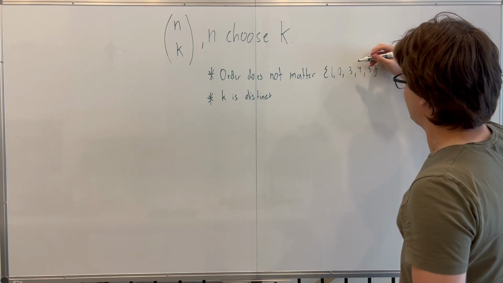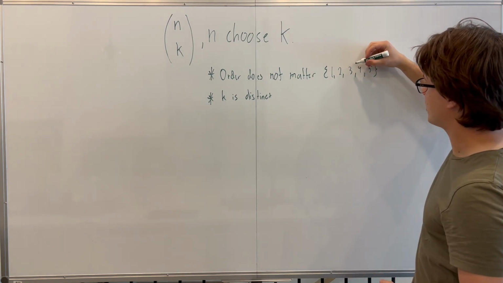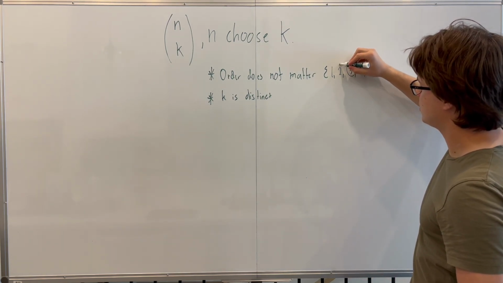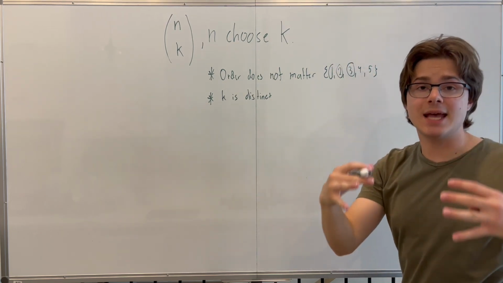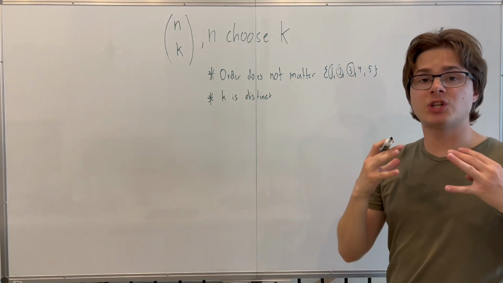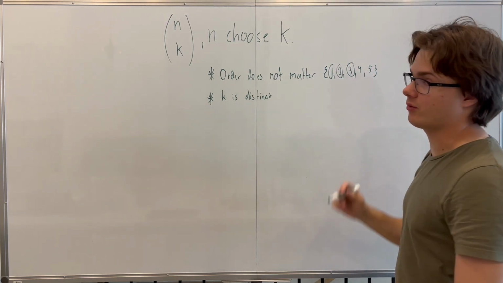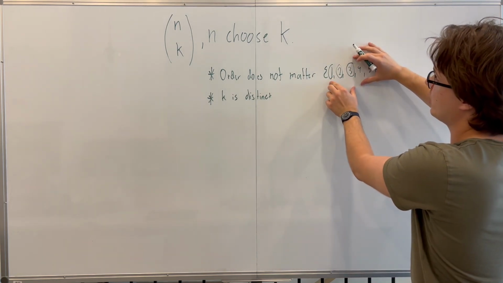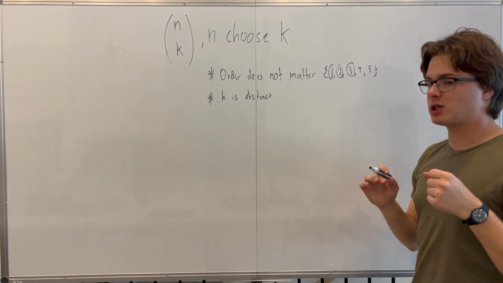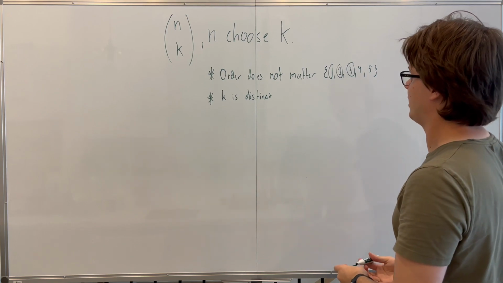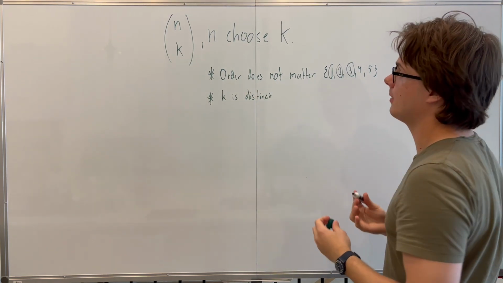Well, in that case, choosing 3, 2, 1 is the same as choosing 1, 2, 3, which is the same as choosing 2, 1, 3. It doesn't matter the order in which we select these 3 numbers. It just matters that we selected those 3 numbers. That's what order doesn't matter means.